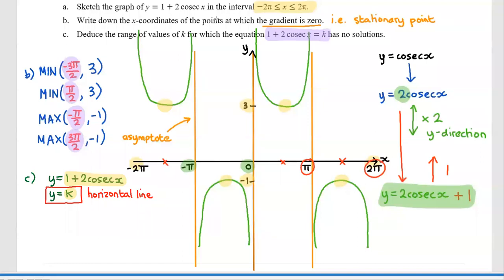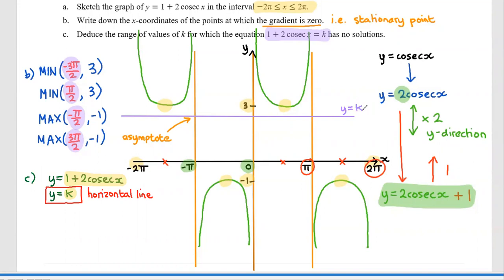Now I can do that. Let's choose a nice pretty color for the line. So I'll do it across here. This purple line here is going to be my line y equals k, like so.